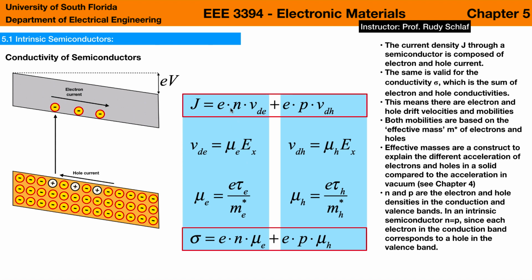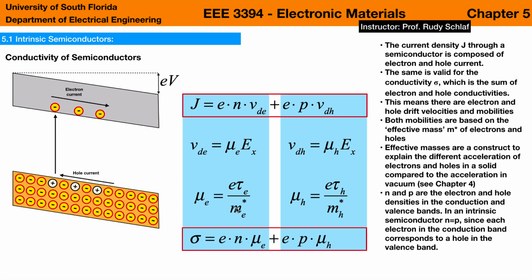So in the very same way like in chapter 2, when we did it for metals, we can define the drift velocity of the electron current as the electron mobility times the electrical field throughout the crystal, with the mobility being the electron charge times the mean free time of the electrons divided by the effective mass of the electron.